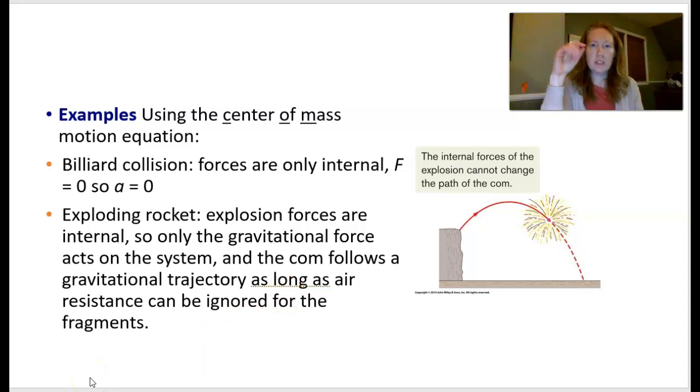That lets you predict where what's left of the firework is going to land, because all the pieces are going to center around that spot. You know the acceleration is going to be due to gravity. That's it for projectile motion.